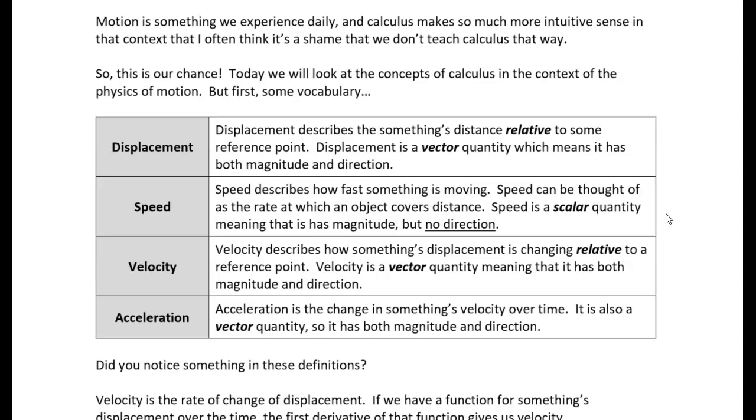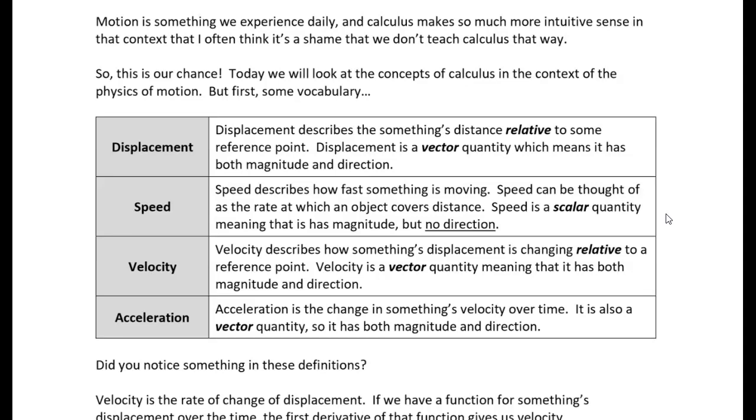Velocity, though, in physics is considered to be a vector quantity, so it has a magnitude and a direction. And the same with acceleration. It's a vector quantity. So velocity is how something's displacement is changing over time relative to a reference point. And acceleration is the change in something's velocity over time.